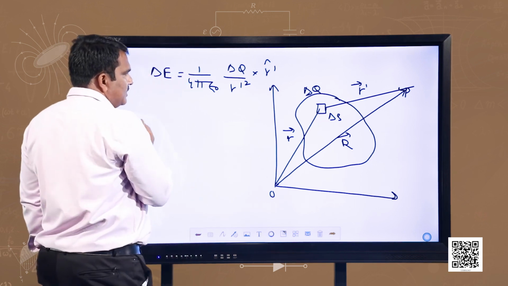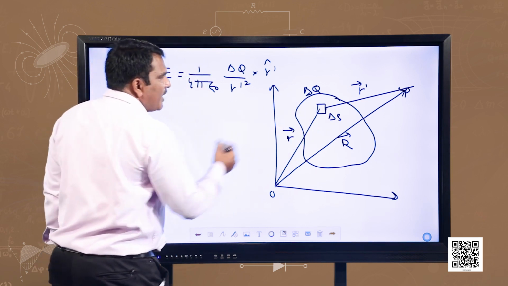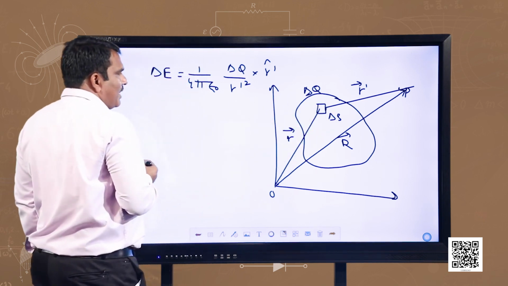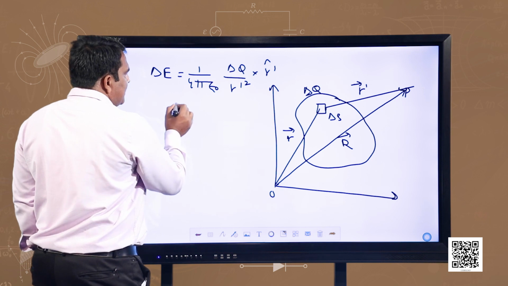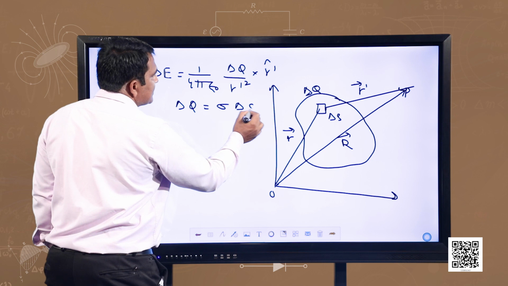And we know that, suppose the surface charge density at the point of this area element is sigma, so delta Q can be written as sigma delta S.